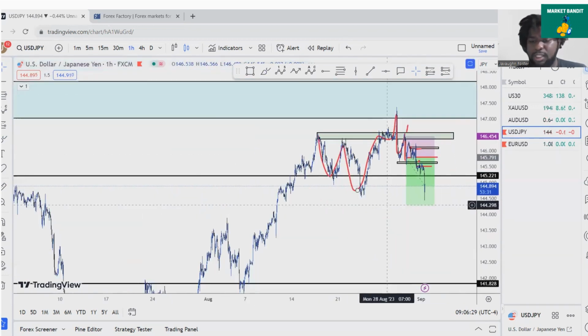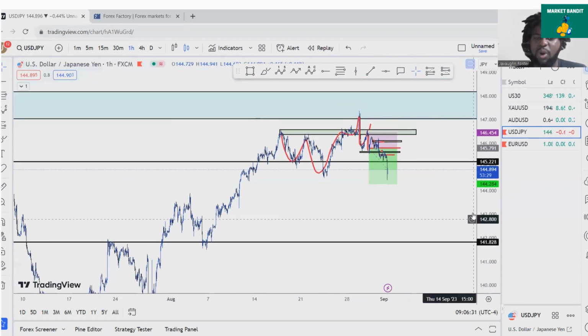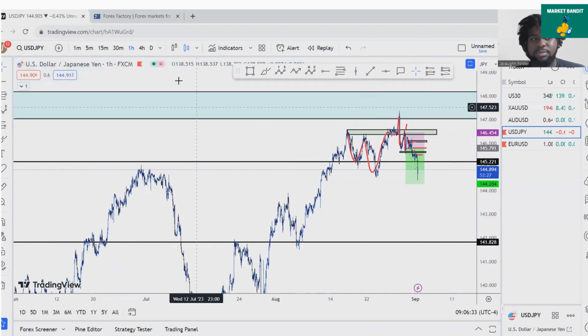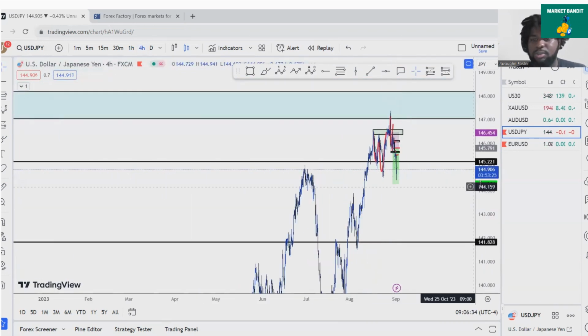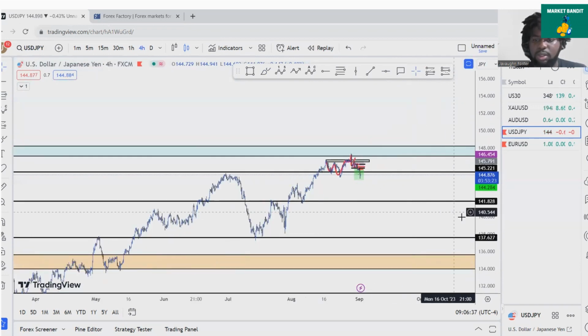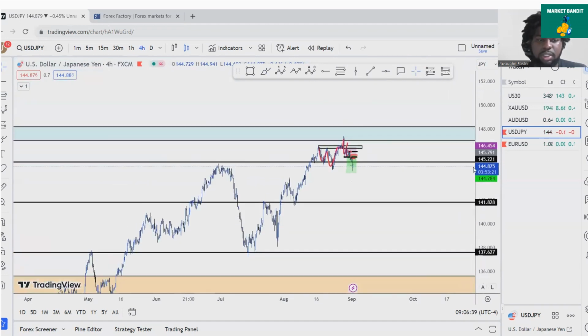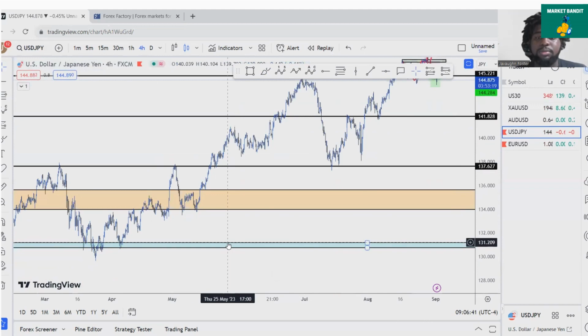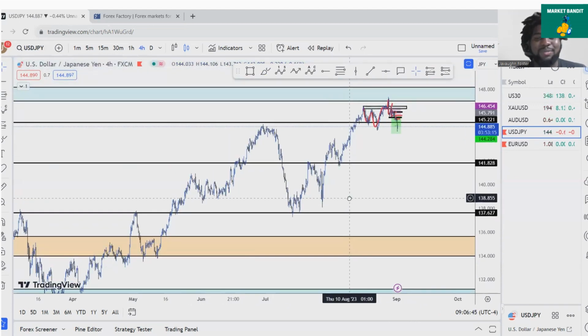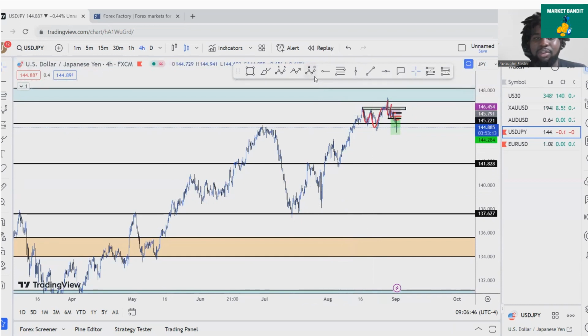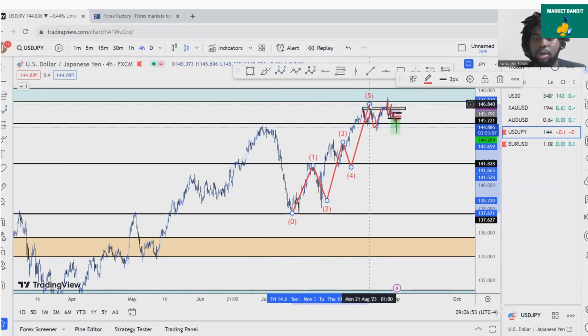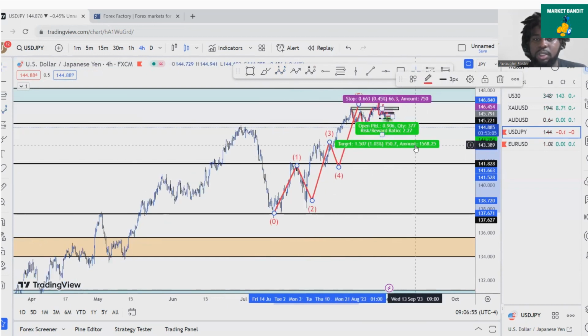Also to add on to this, another reason why I didn't show the higher time frame confluence, guys, I'm sorry about that. Another reason why I looked to take this trade is the exhaustion of price. If you understand Elliott waves and how the price was moving, you knew that price was getting exhausted.